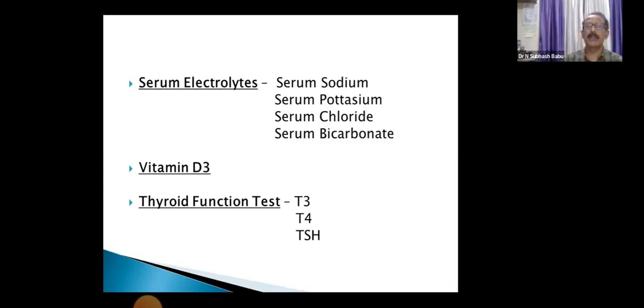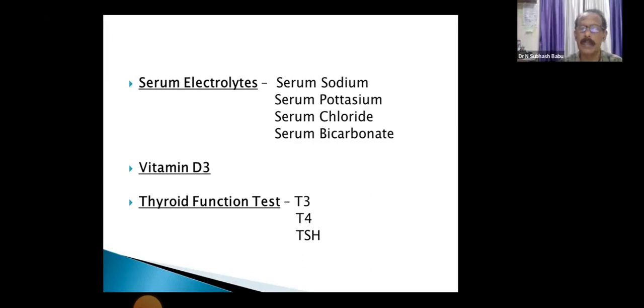And generally, sodium, potassium, chloride and bicarbonate is the electrolyte panel. And serum sodium, if it is decreased, it is called hyponatremia, as you know. And this hyponatremia, when it starts gradually, the patient will present with fatigue.